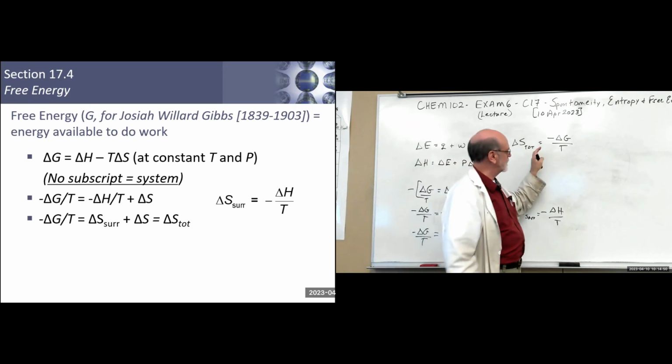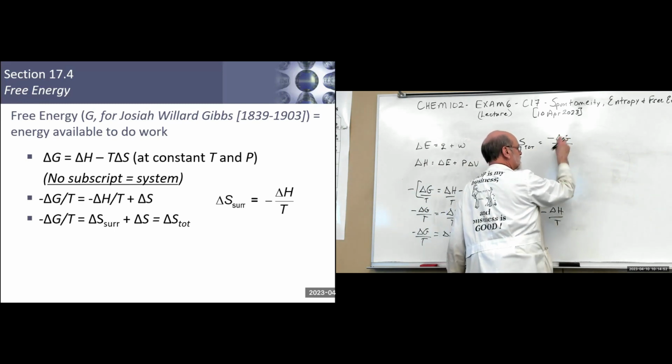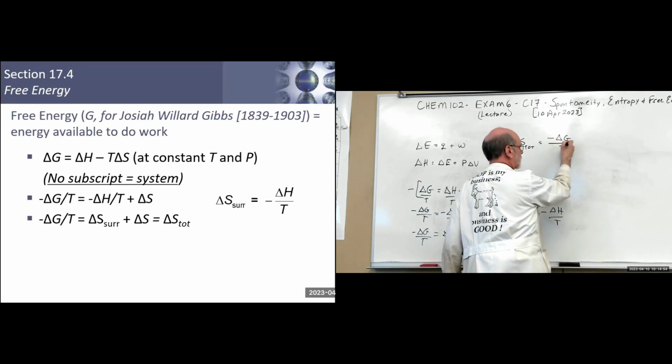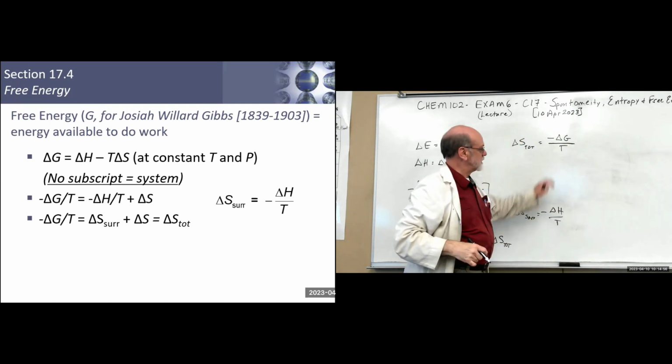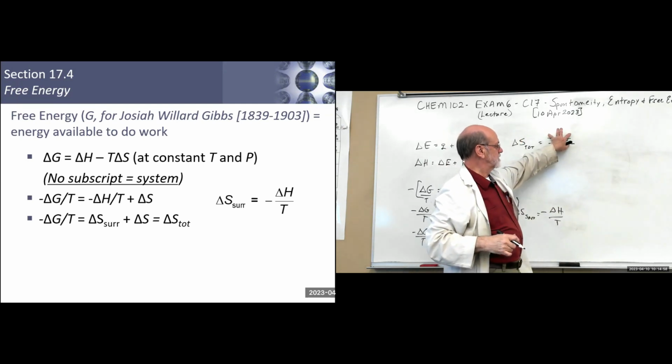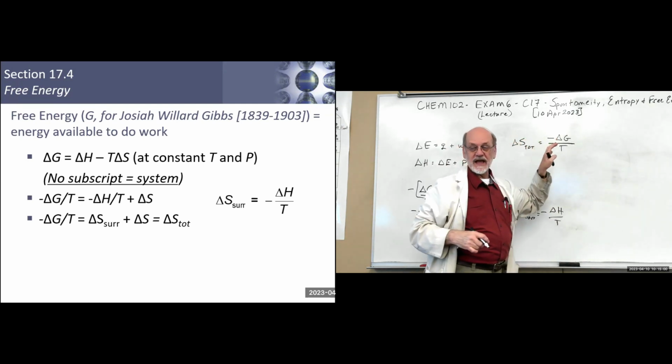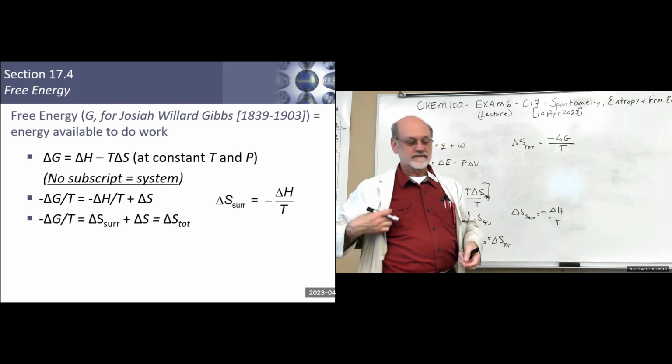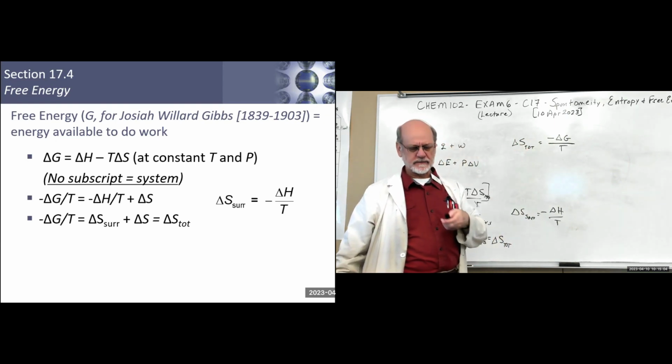So now we have a handle on this Gibbs free energy and temperature term. If this term over here is positive, then this is positive, and the process is spontaneous.